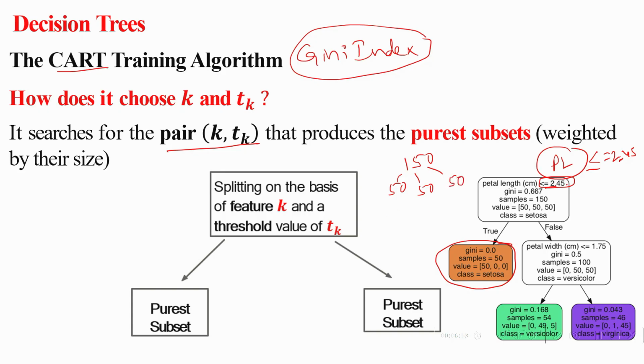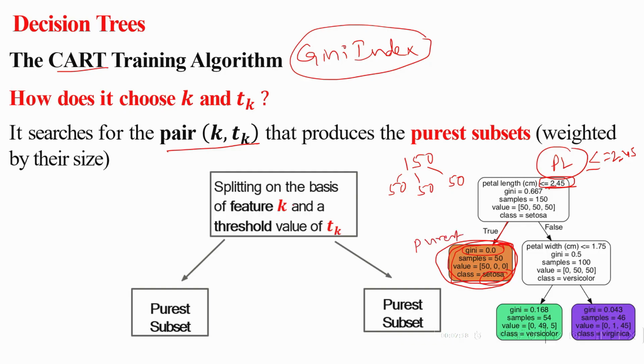If the condition is satisfied, then all the elements belong to one class. Like that, we are going to classify. If you apply this concept, we find the Gini value equal to 0.0. That means all the elements in the corresponding node belong to the same class only. That is called purest.